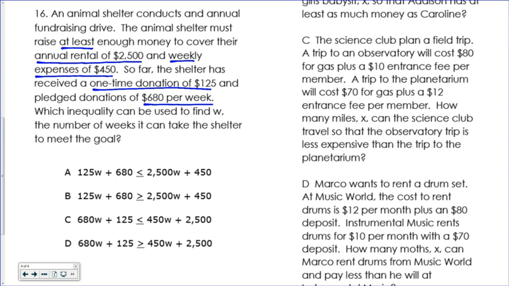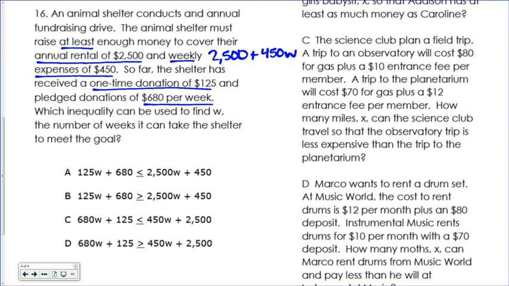All right, so let's look at their expenses first. So their expenses are $2,500. That is what they have to pay for their annual rental. But they also have to pay $450 per week. So I'm going to add $450 a week.